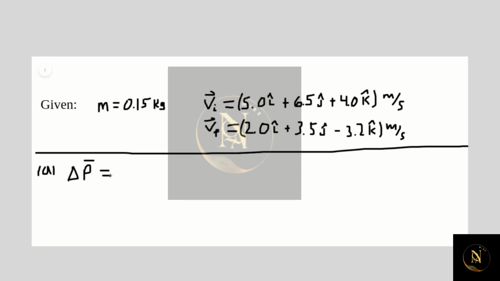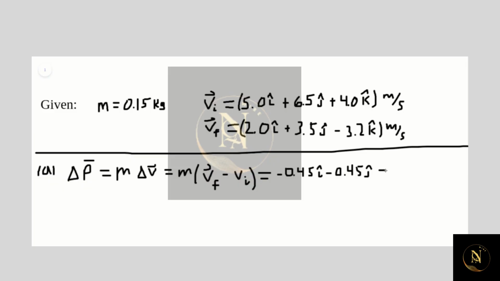This is going to be the change from the initial to the final momentum, but the mass is the same for both, so this is just going to be m delta V, which is m times V final minus V initial, which is equal to negative 0.45 i hat minus 0.45 j hat minus 1.08 k hat.